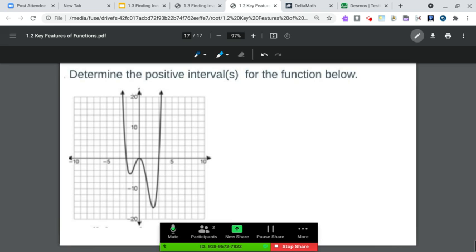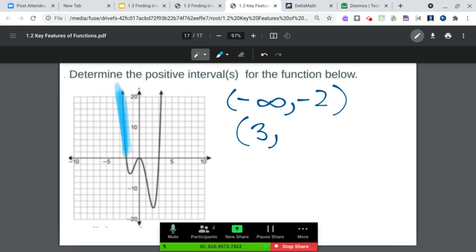It's positive from negative infinity to negative 2. See this whole part of the graph lies above the x-axis? And then the other positive interval would be 3 to infinity, because from 3 to infinity, it lies above the x-axis.